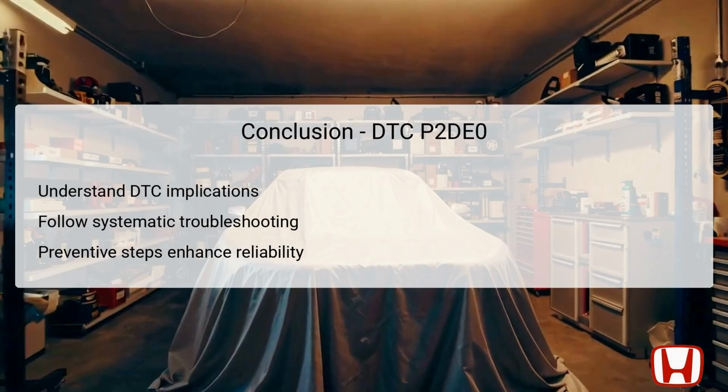Following systematic steps fosters effective identification and resolution of any underlying issues. Equally important are preventive maintenance practices that can mitigate the risk of this DTC reappearing in the future. By staying attentive to these recommendations, vehicle owners will contribute to their car's longevity and performance, ensuring a more reliable driving experience.